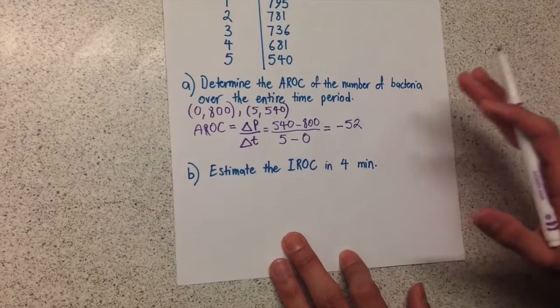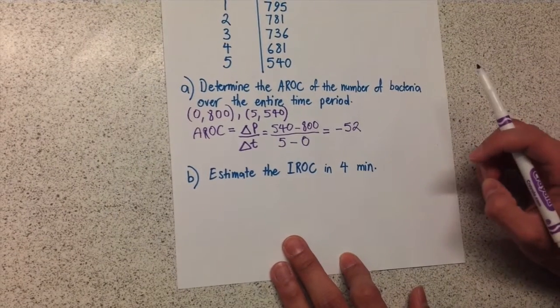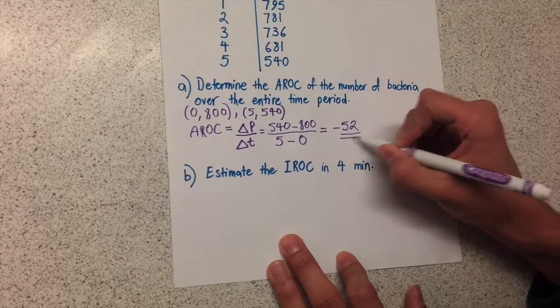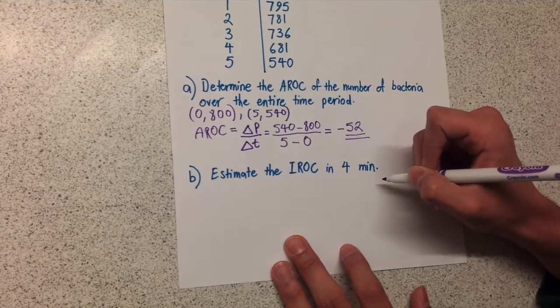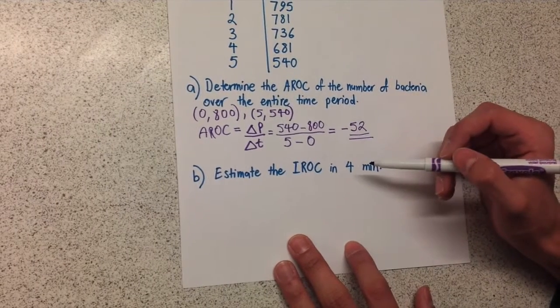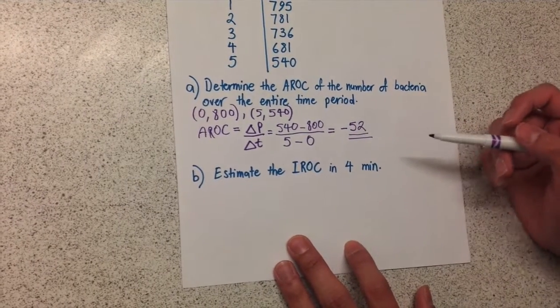During the entire 5-minute period, the number of bacteria decreases on average by 52 per minute. Because of this minus sign here, this is how we know that it decreases.